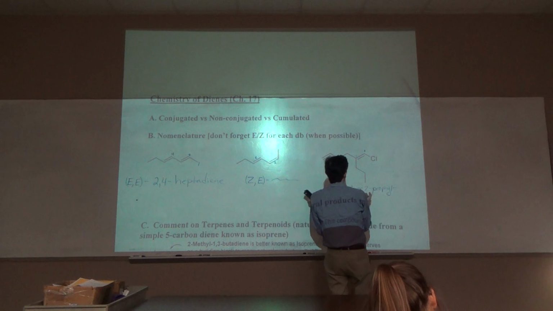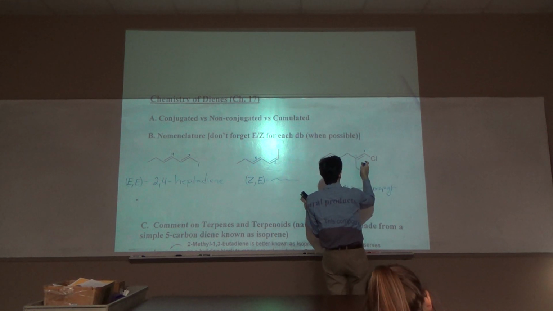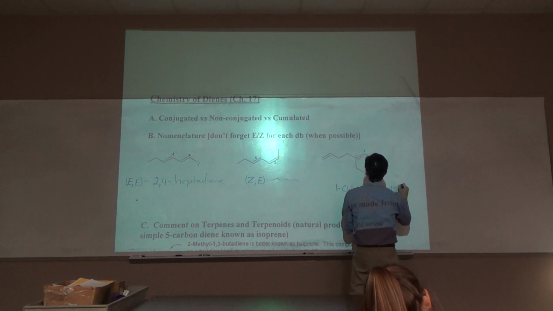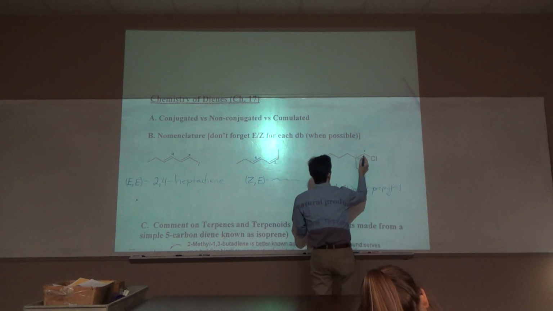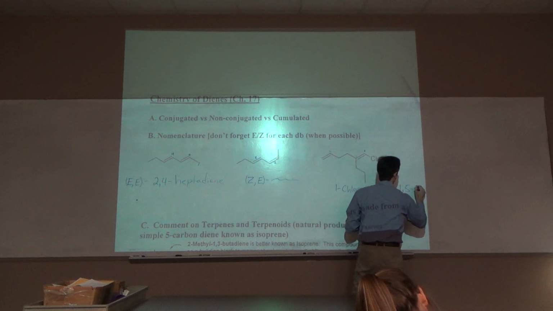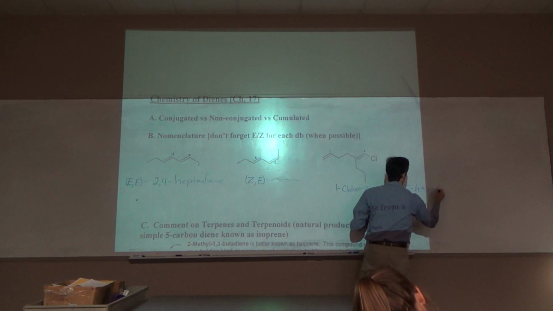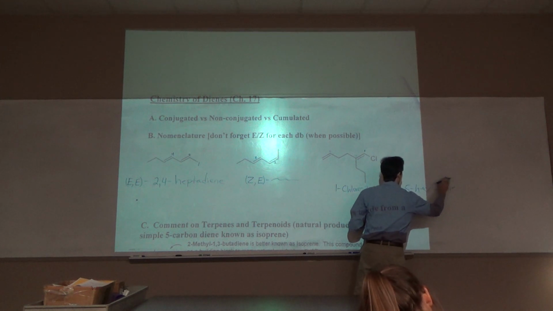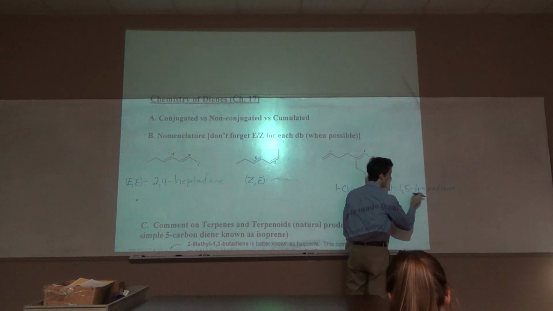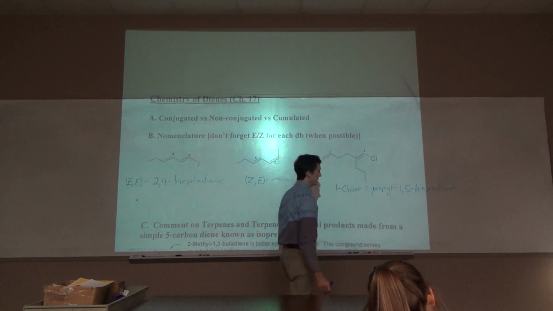Otherwise, where are they at there? They could be maybe here and there and there. Yes, that should be a 1, 2, 3, 4, and the other one's at the 5 position. 1,5-hexadiene, with this 1 and 5 indicating where the dienes are at.